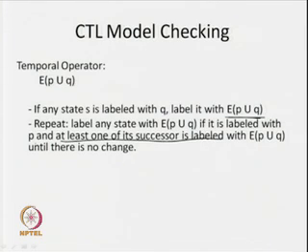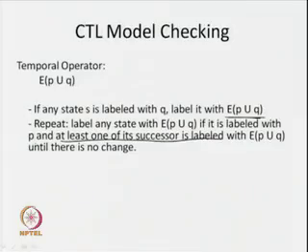So, if the state is labeled with P and any of the successors is labeled with EP until Q, then we can label this state with EP until Q, because at least in the future somewhere Q is true, and until that point P remains true. So, first, any state S labeled with Q, we label with EP until Q, and then we repeat this procedure.